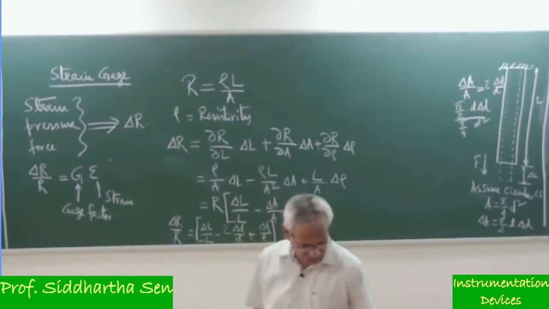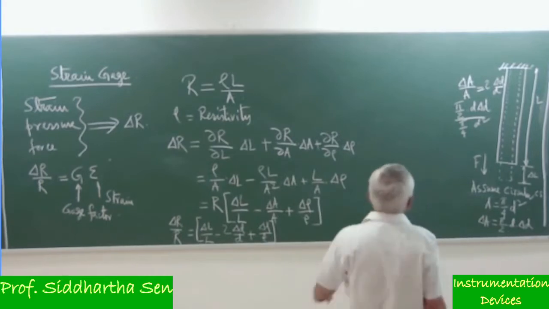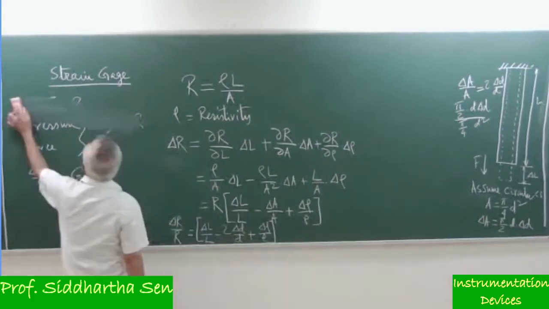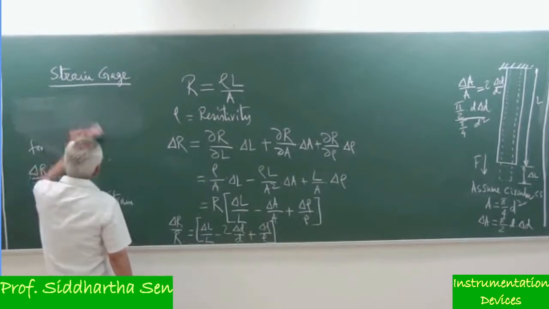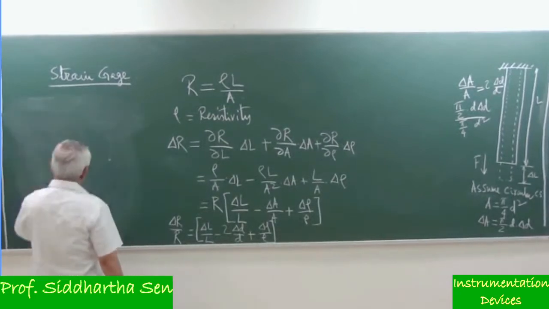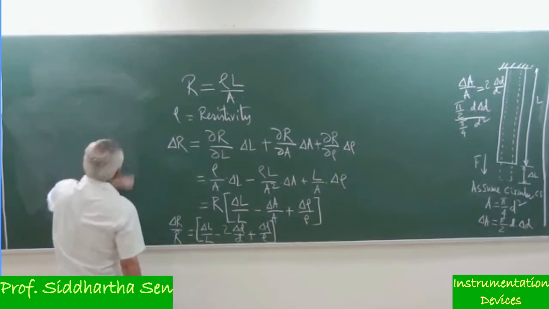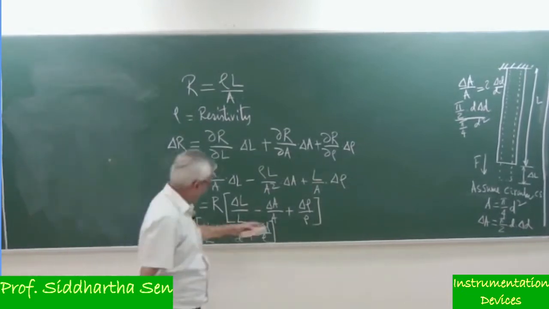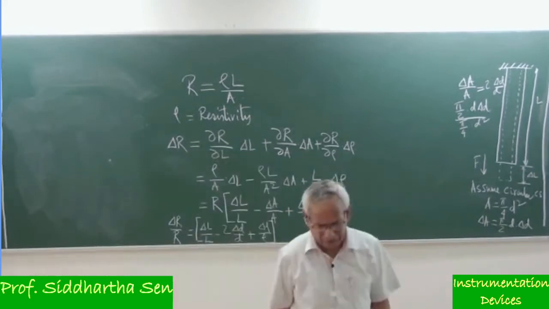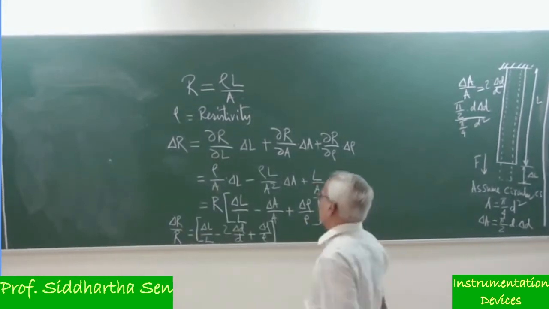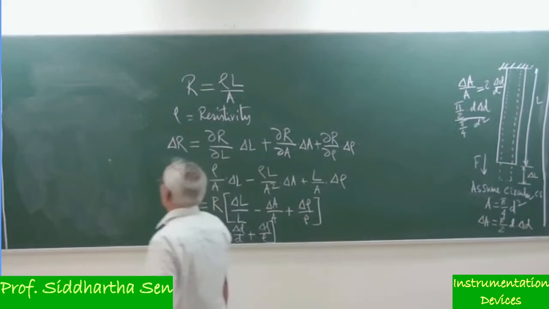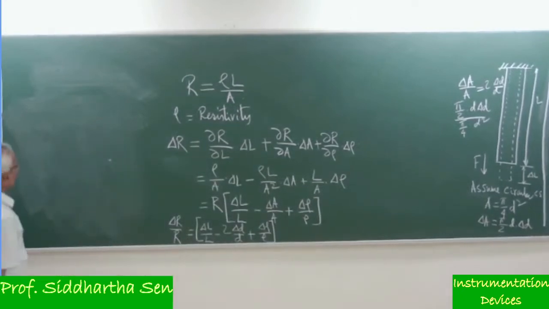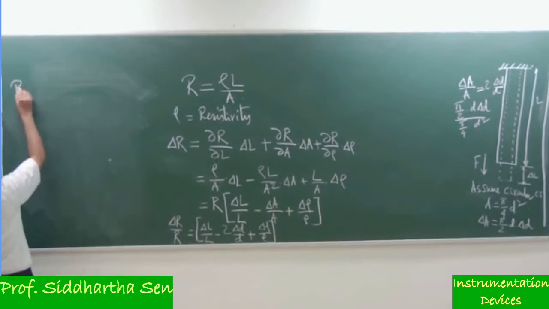Now, one more thing is important, that the change in length and change in diameter is related, and this relationship is expressed in terms of what we call Poisson's ratio.